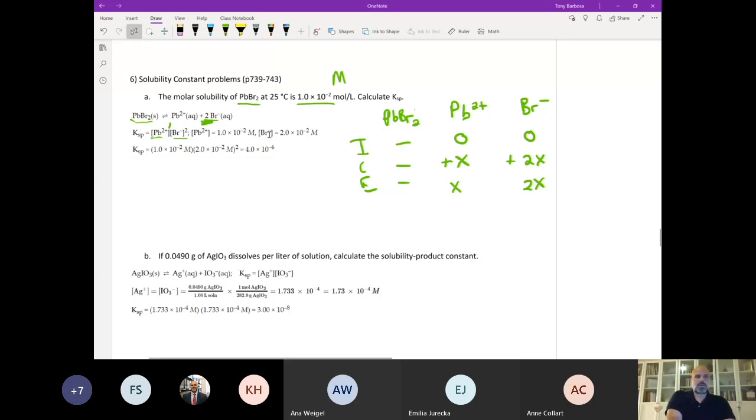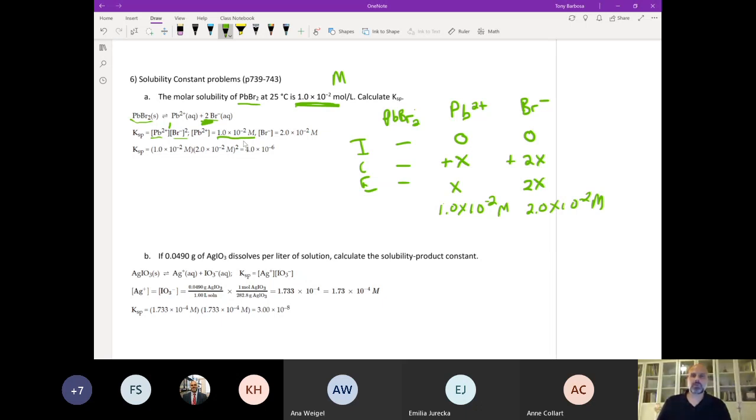Let me go back here. And that tells us that if you look over here to the left, we have our concentrations because we were given the molarity of the solubility. So we know what X is, because X is going to be 1.0 times 10 to the minus 2. So in this case, the bromide is going to be 2.0 times 10 to the minus 2, because we know what the molar solubility is.